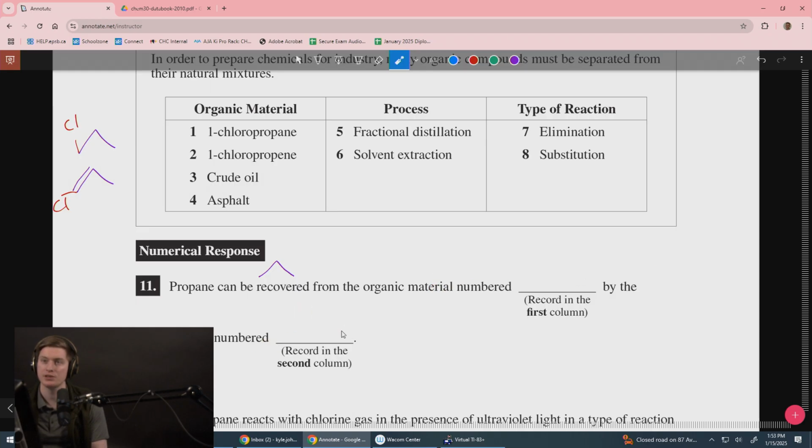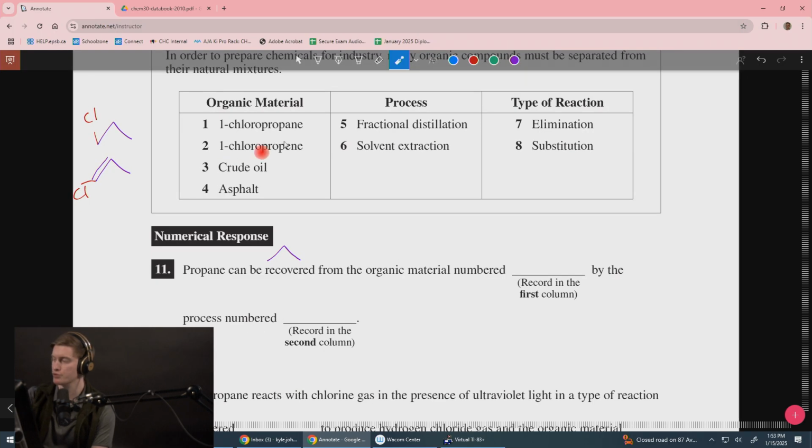Okay, here's our processes that we have. We have fractional distillation and we have solvent extraction. You're not going to be able to use either of those reactions to change these into propane. These are methods of separating from a larger group of molecules. And usually this would happen from crude oil.